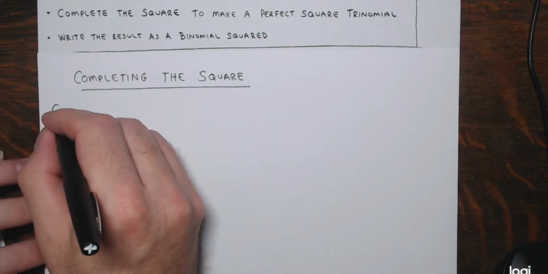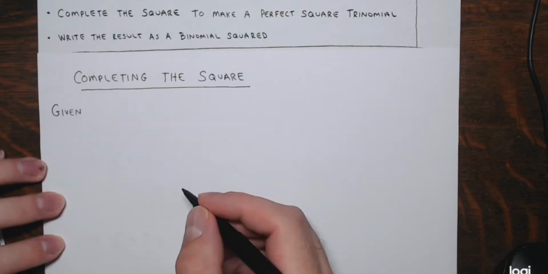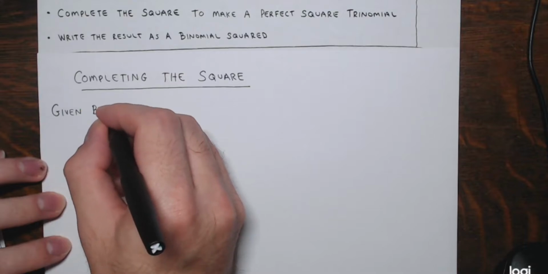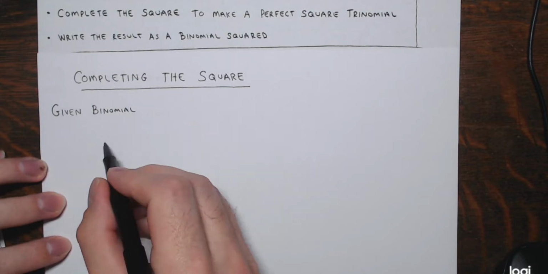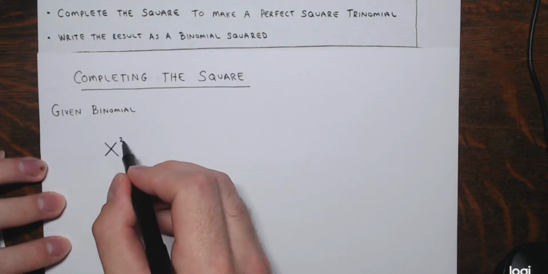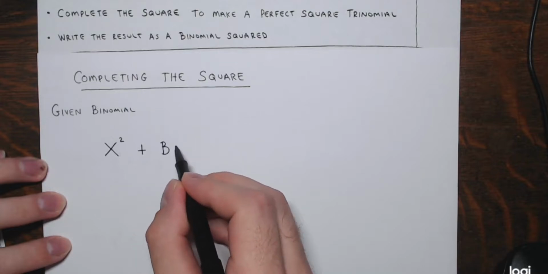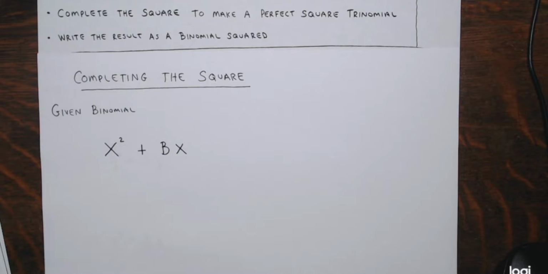So say we're given the following binomial, an expression with two terms, x squared plus b times x. Now notice this is a very specific form.